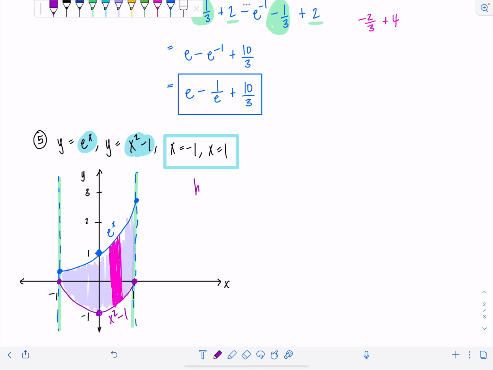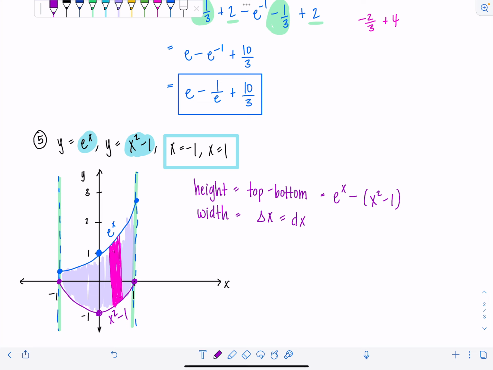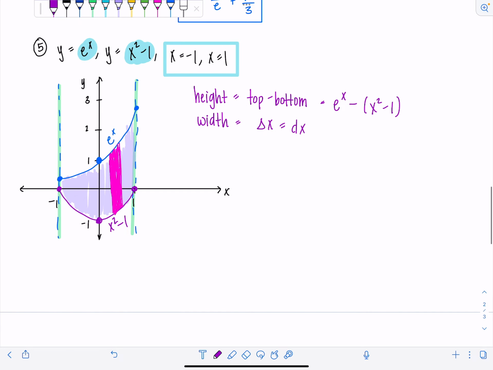So height is going to be top minus bottom. E to the x minus x squared minus 1. And then the width is going to be delta x, which is the same as dx when we integrate. So we're integrating with respect to x.